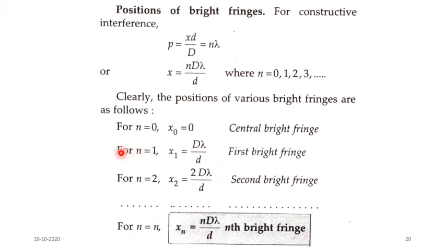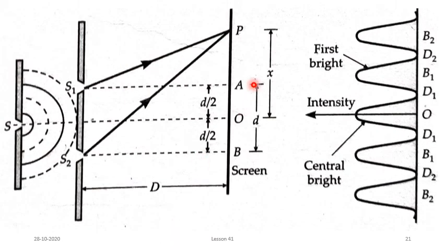Similarly, we can do it for n equals 1. When n equals 1, I can simply write x1 equals D lambda by d. So when this distance x equals D lambda by d, that is your first bright fringe.